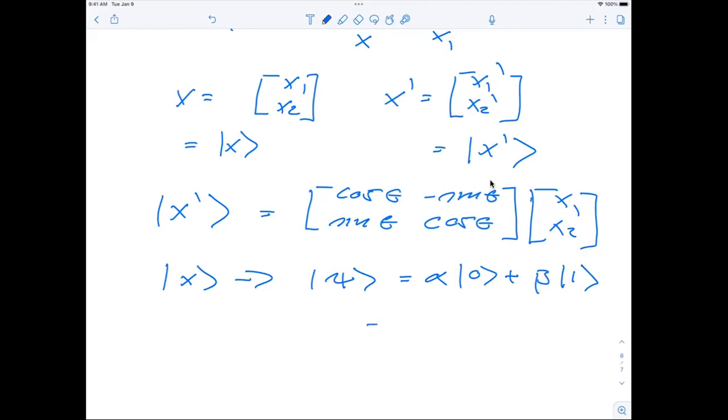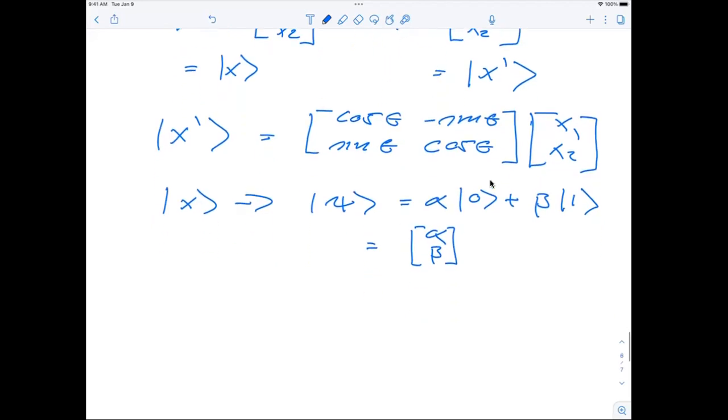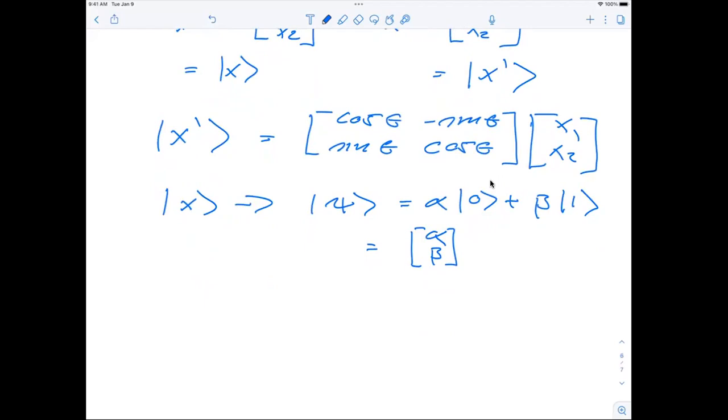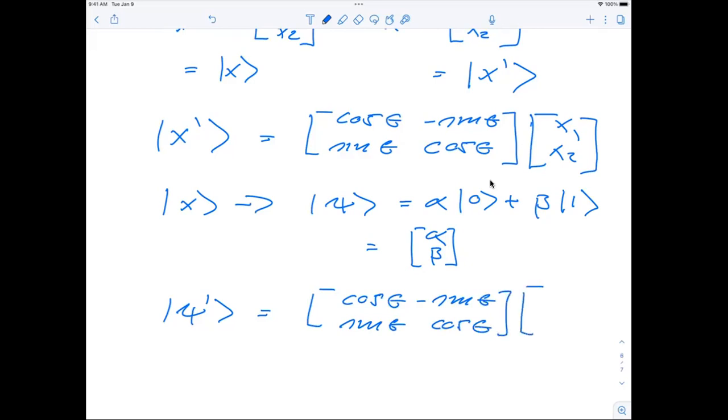And this is nothing but alpha and beta. So we could think of performing a rotation around an axis, which we haven't specified what actually means. So we could now obtain a new state, psi prime, which is given by cosine theta, minus sine theta, and then sine theta and cosine theta, multiplied with alpha and beta here.